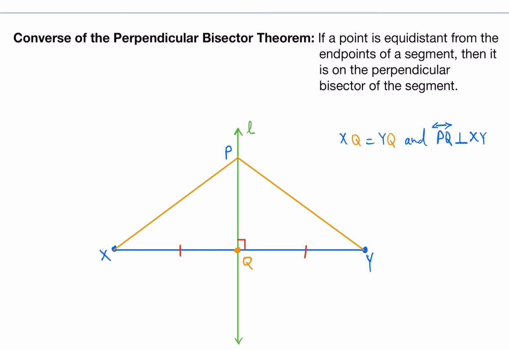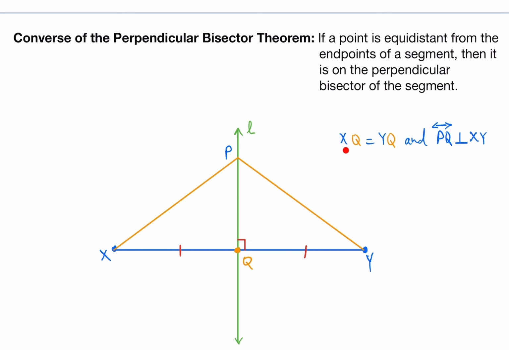So in other words, let's say we have point Q, and the point Q is equidistant, meaning the distance from Q to X, this distance here, is the same as this distance here, Q to Y. If they are equal, then the converse of the perpendicular bisector theorem says that this point is on the perpendicular bisector.